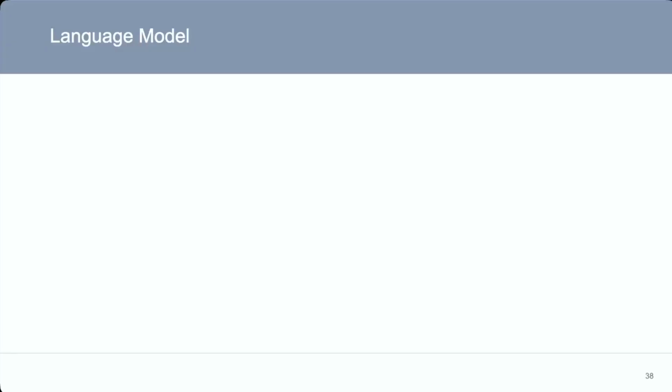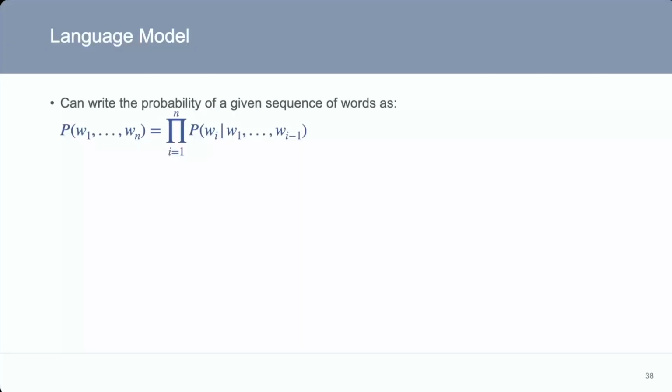Prior to the advent of large language models, language modeling used to be handled by probabilistic processes such as hidden Markov models. The idea is this: we can write the probability of a given sequence of words, W1 to Wn, as the product of probabilities P(wi) given all the words seen so far.